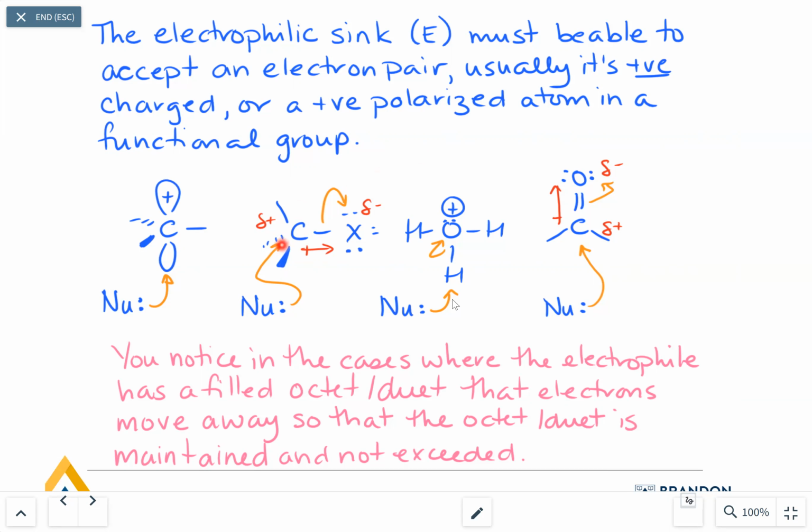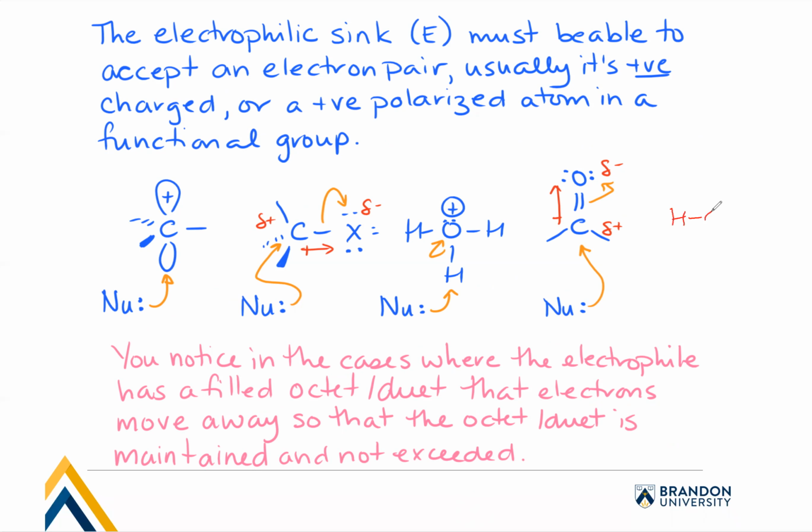The example with H3O plus is a good one. So remember, negative goes to positive. Let's draw this out so it's clear. Let's pretend that we've got hydroxide here. So our rule is that negative goes to positive.